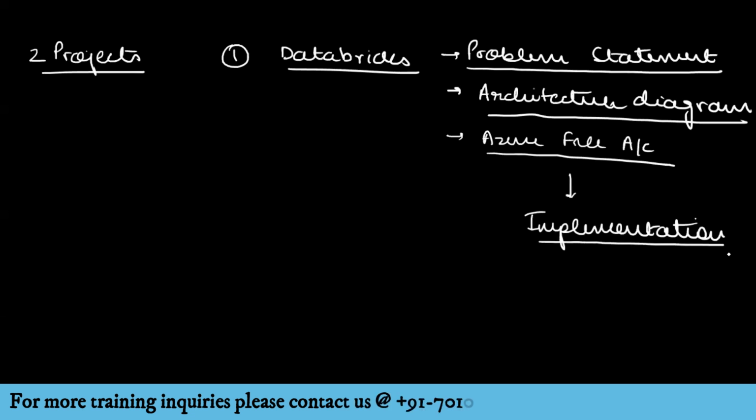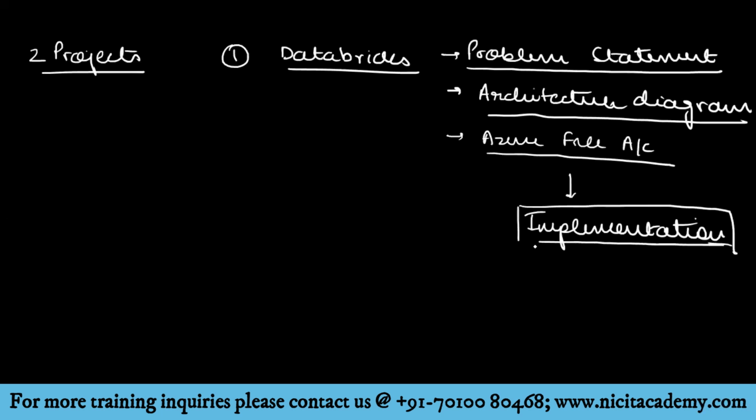Now, for this implementation, first of all, you will get around 7 days to implement it on your own, right? If you're not able to implement it from your own end, which is going to be very surprising for me, because after everything that we have discussed in the class, I would expect everybody to be able to complete these projects along with the problem statement and the architecture diagram.